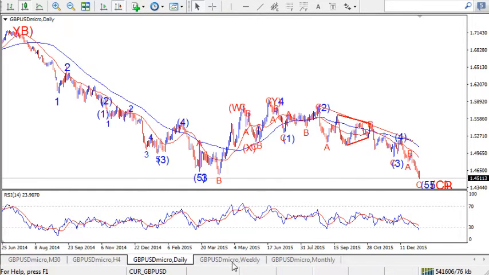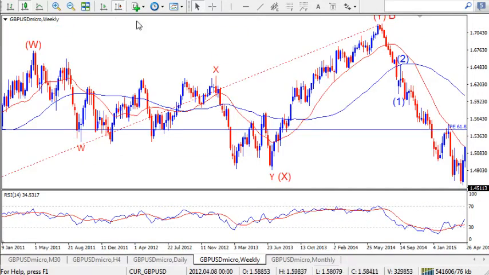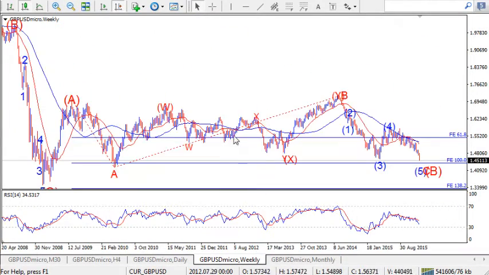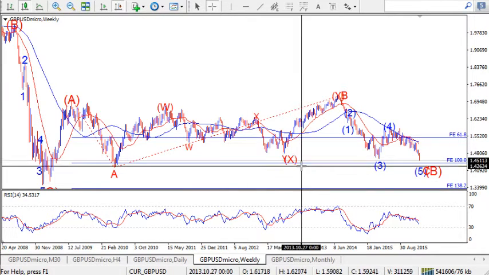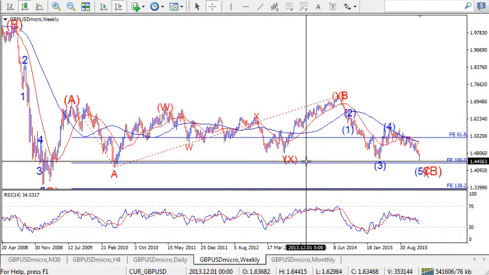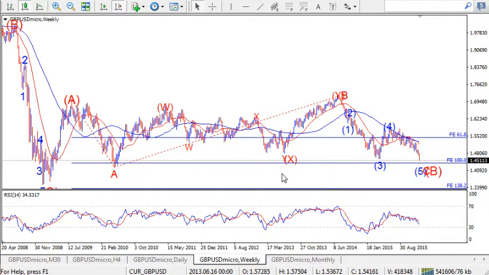If we see it on the weekly chart, excuse me, we can see how this is part of a multi-year ABC correction, and this was A, B and C, and around those levels here, between current levels and 144, prices should react to the upside, technically at least.